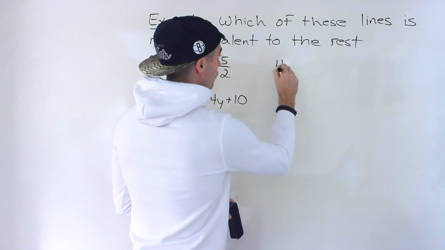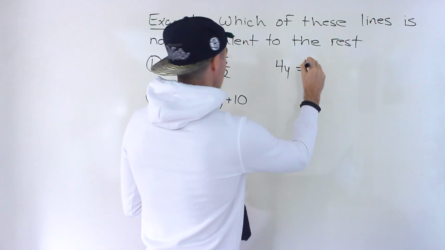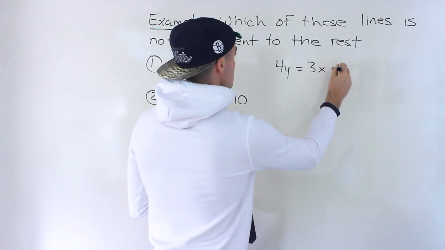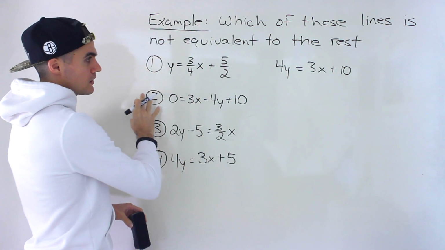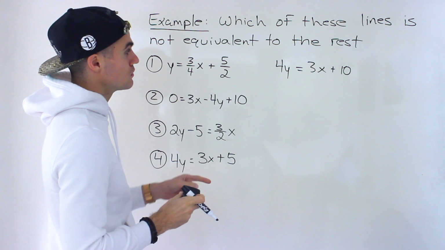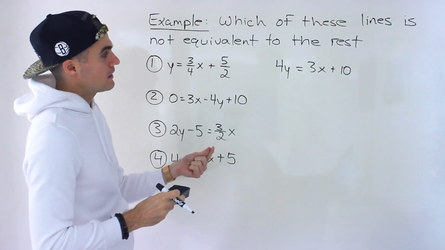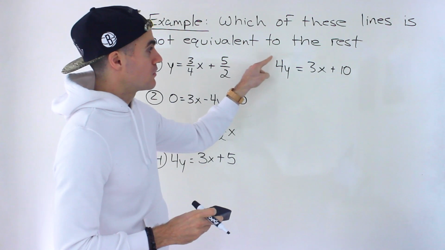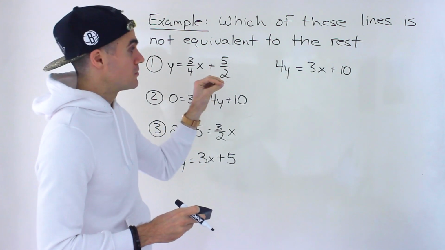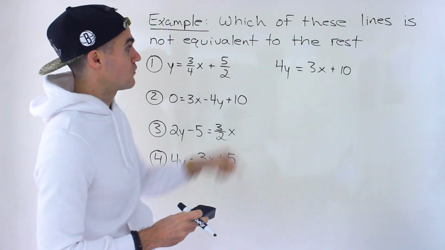So we'll have 4y is equal to 3x plus 10. You could also take the 3x and the 10 and bring them over, but personally, I like to isolate for the y by bringing it over to the side where the coefficient is going to be positive. So notice it's a positive 4y here.